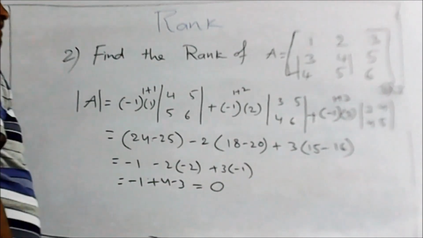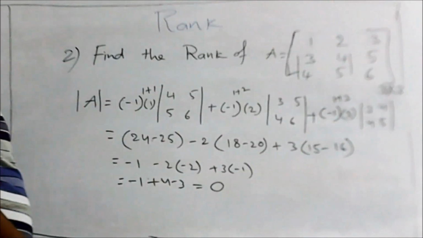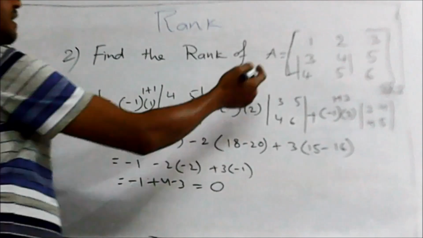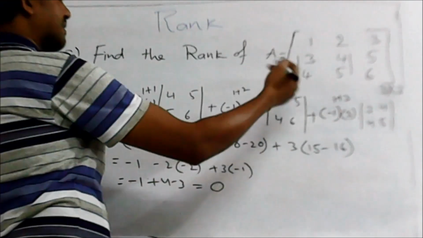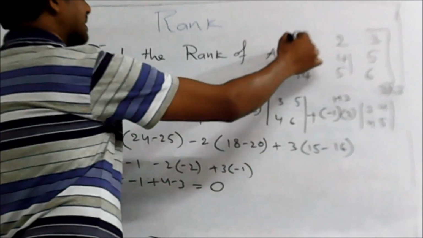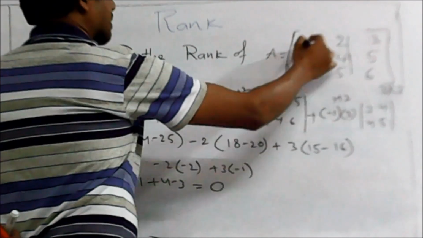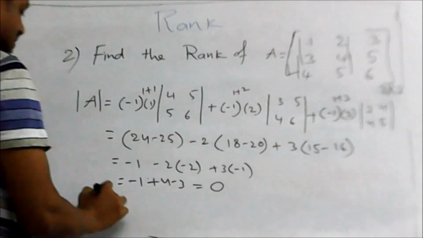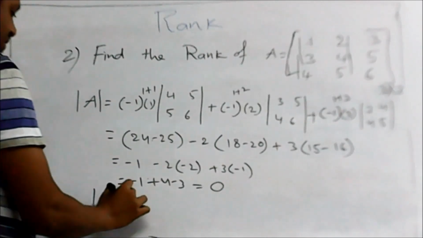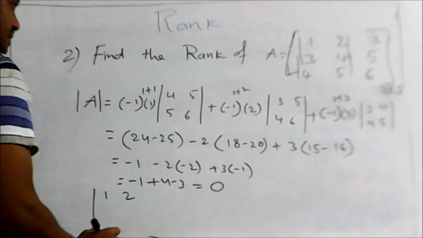You can say rank is not 3. So the 3 by 3 minor of A is 0. So what about next? We go for any minor of order below 3, meaning 2 by 2. You can consider any 2 by 2 minor. Suppose this one, 4 minus 6 is not equal to 0. So you can consider this 2 by 2 submatrix 1, 2, 3, 4.